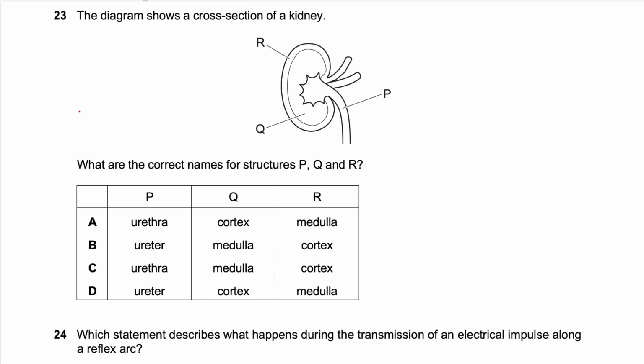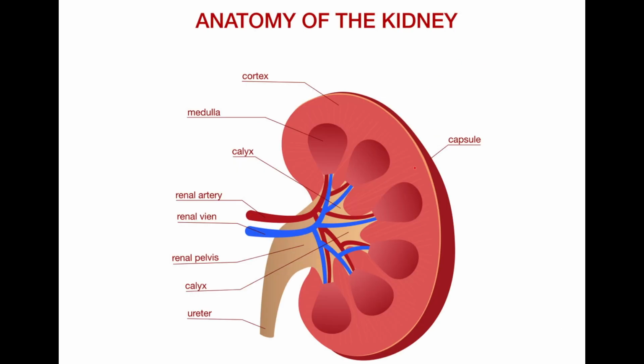Now, moving to question number 23. The diagram shows a cross-section of a kidney. What are the correct names for structures P, Q, and R? Let me take you to the figure to remind you of the anatomy of the kidney. Here is the anatomy of the kidney. As you see, they were looking for 3 parts.